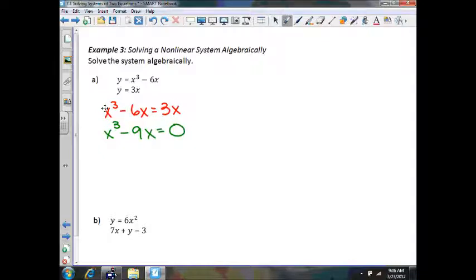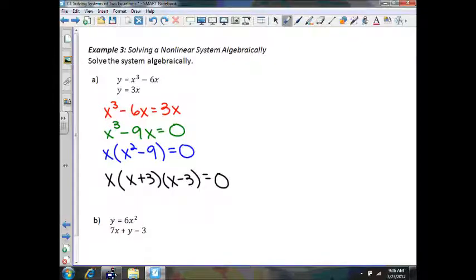You should be able to see that you can take an x out, and be left with x squared minus 9 is equal to 0. From your algebraic background, you should see that x squared minus 9 will factor to x plus 3 times x minus 3. So our options for x will equal 0, 3, and negative 3.